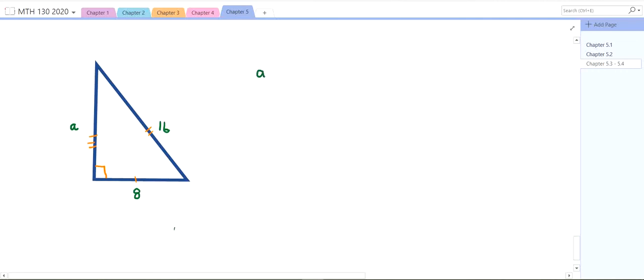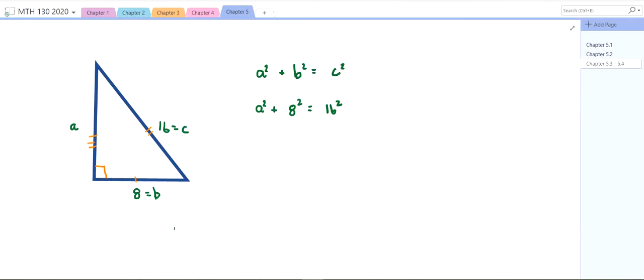So we know that a squared plus b squared equals c squared. Well, let's say 16 equals c, and 8 equals b. So a squared plus b squared, which is 8 squared, equals 16 squared.